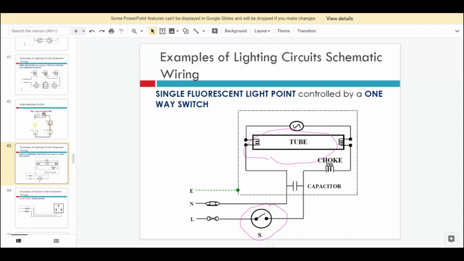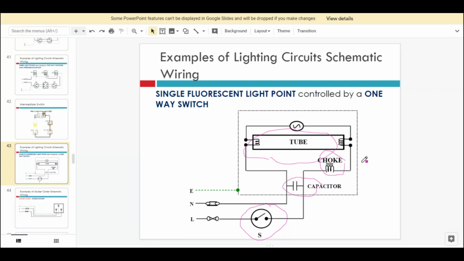Basically this fluorescent lamp is a form of inductive load on the AC mains supply, so it will result in poor power factor. This capacitor is purposely to correct the power factor and bring it back close to unity. And then we have here the choke, or the magnetic ballast.